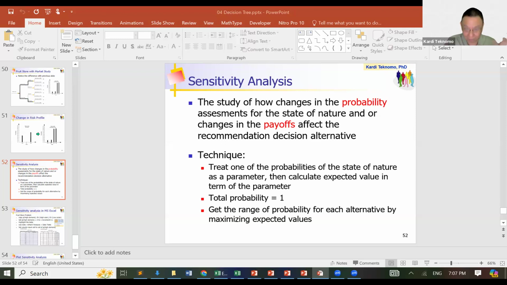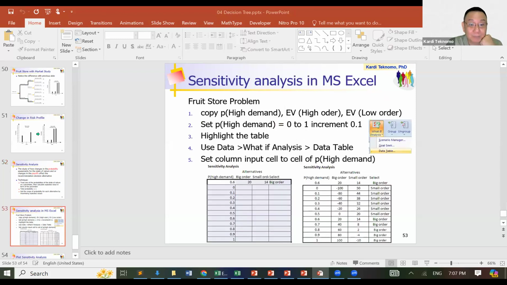The technique is the same as earlier. So you can create a table of the probability. Remember the total probability must be 1, and then you put the range of the probability, and then you compute a data table in Excel.